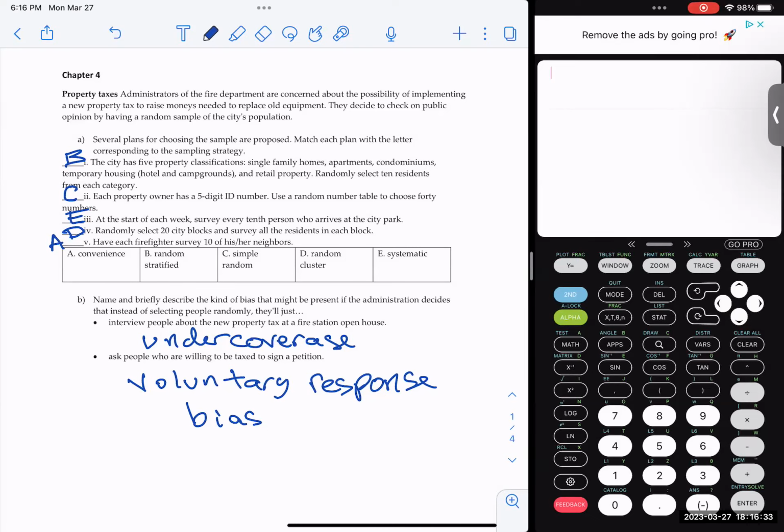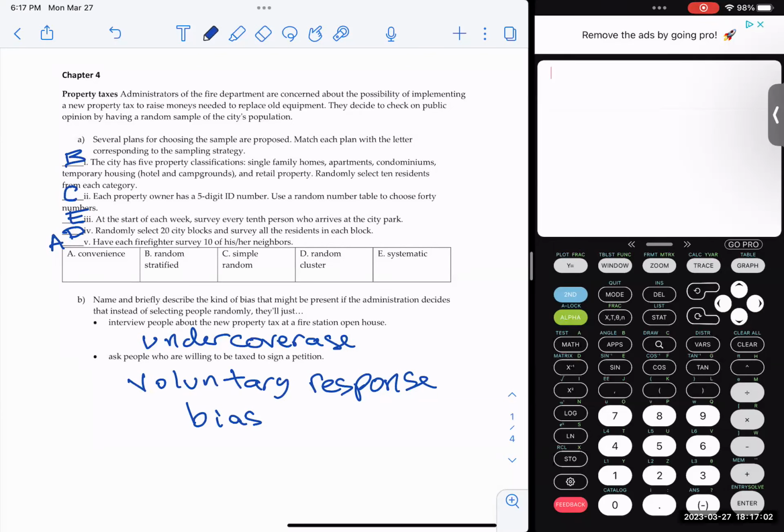I said undercoverage up here, and maybe I glossed over it too quickly. What does undercoverage mean in this? Anytime, really, we want a sample that's representative of the population for sure. One of the ways we try to get to that is with random samples. We have the population, we have the sample frame, and we have the sample, right?